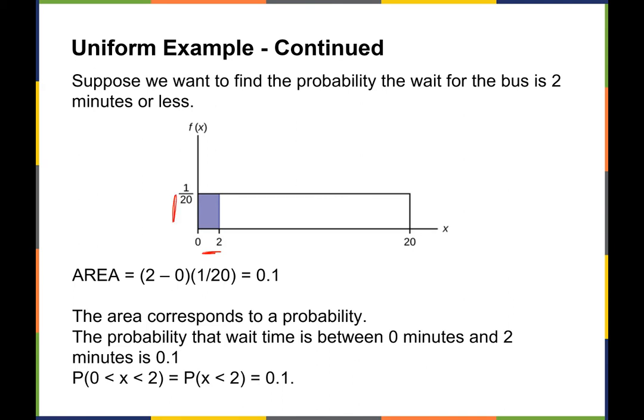So the area of the purple box is 0.1. That area is the probability of the wait time being between 0 minutes and 2 minutes. So using math, we would say the probability that x is between 0 and 2, or in this case, just that x is less than 2, because you can't be less than 0 for wait times, is equal to 1/10. Right? So again, our area is going to correspond to our probability.